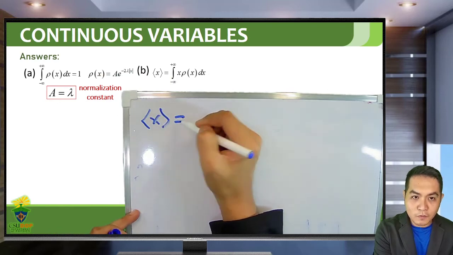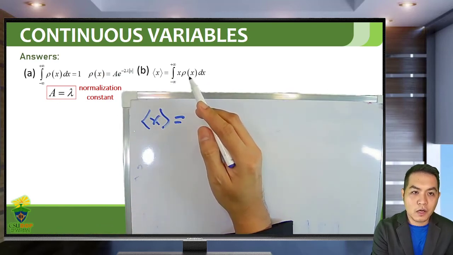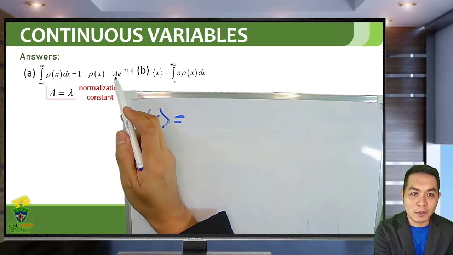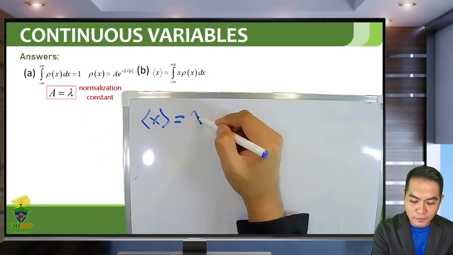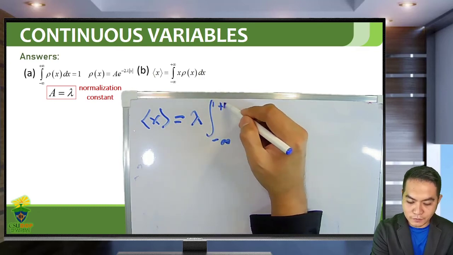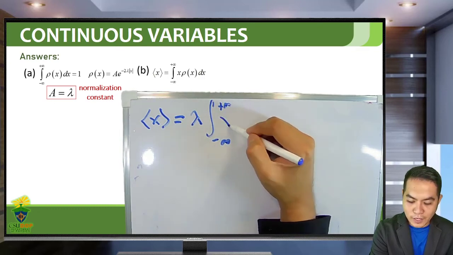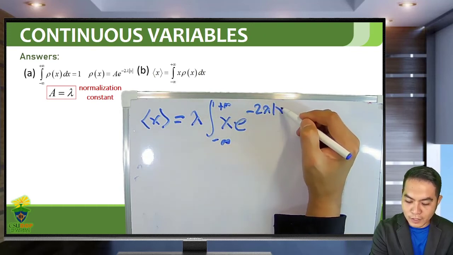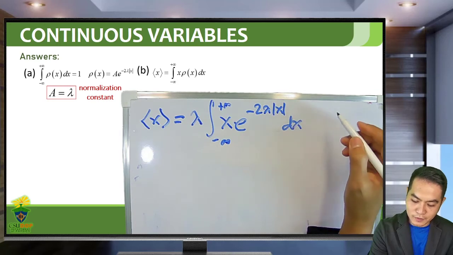Substitute the value of rho here, where our a now is equal to lambda. You take lambda out of the integral, and then you will have from negative infinity to positive infinity of x times e to the negative 2 lambda, the absolute value of x dx.